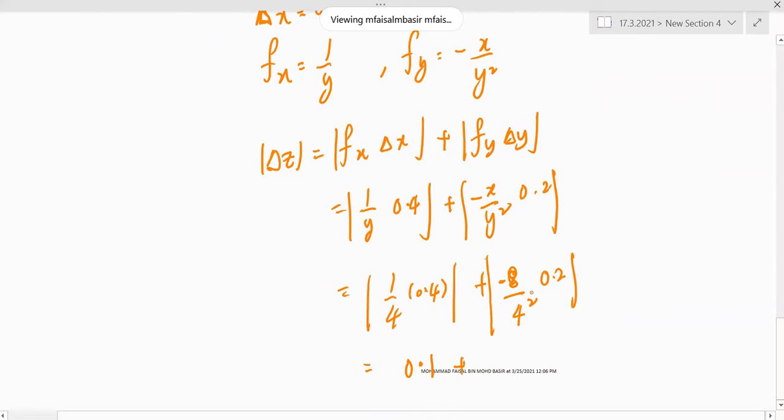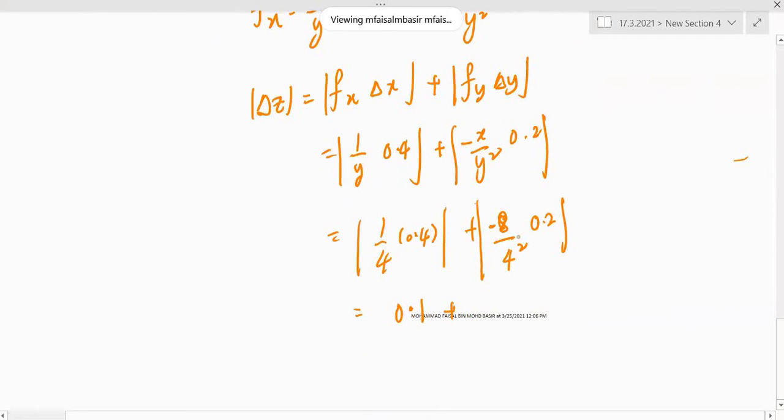Plus, okay, please calculate this to me. What will be here? 8 divided by 16 times 0.2. So what will be here? 0.1.